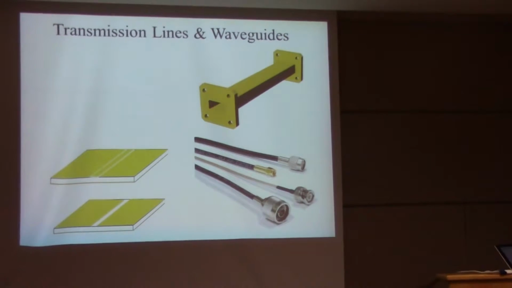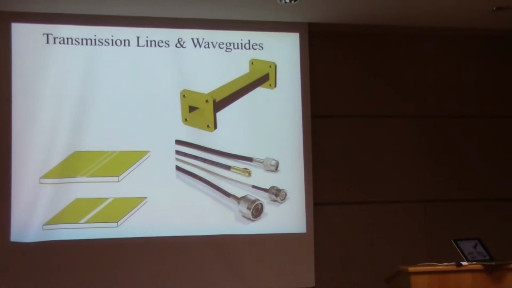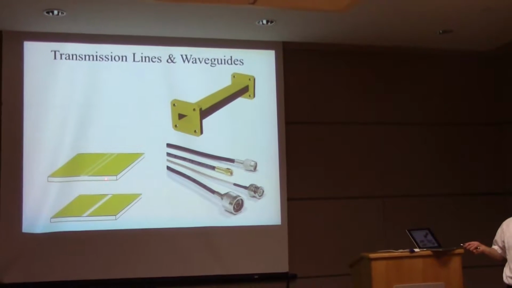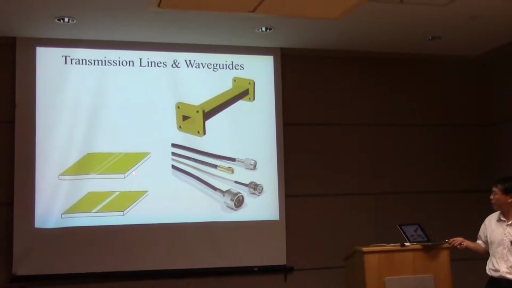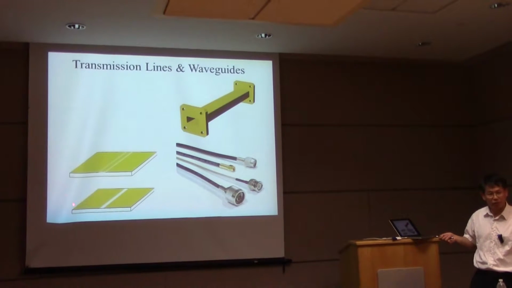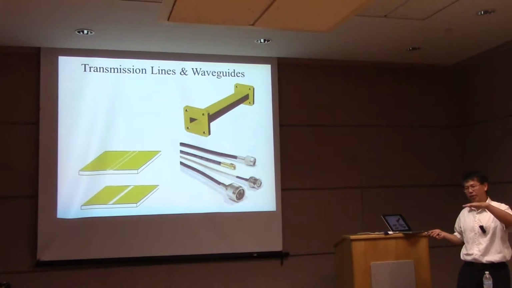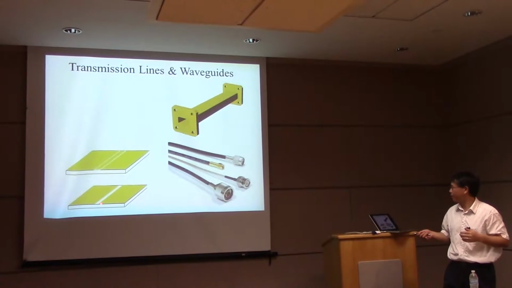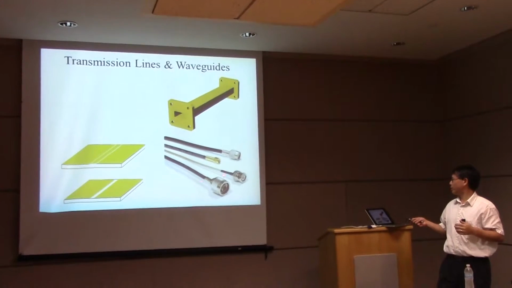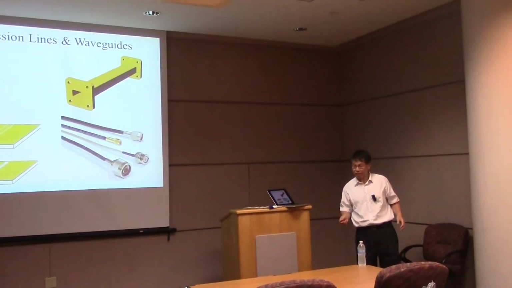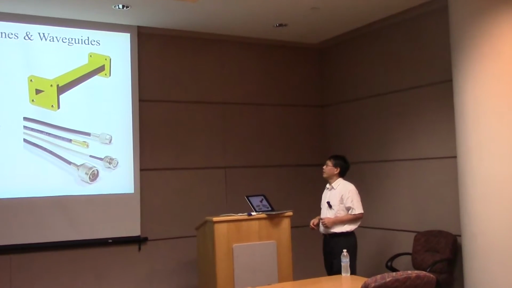Like for terahertz, people still use waveguides. This is for on wafer, on chip, like your cell phone chip design. People use this type of lines called planar transmission lines because they can be integrated with your active devices. And we see these cables very often, right? They are transmission lines as well, okay?